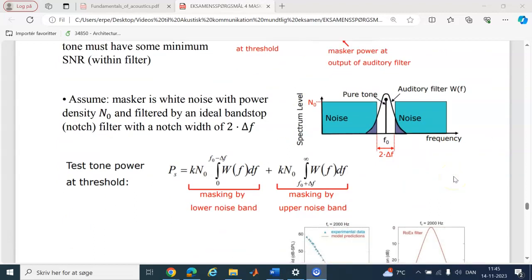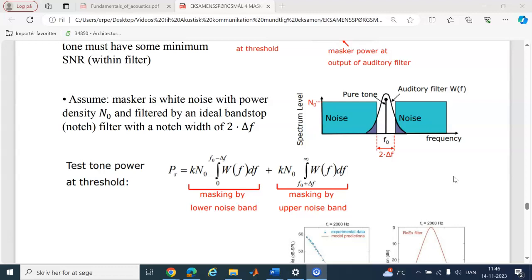Assume the masker is white noise with constant power density N0 and filtered by an ideal stop notch filter with a notch width of 2 times delta F. Then the test tone power at threshold Ps is K times N0 times an integral. It has two contributions: masking by the lower noise band plus masking by the upper noise band.